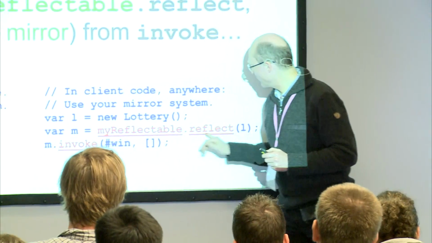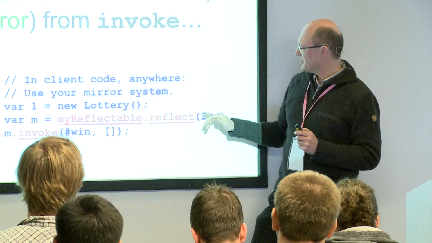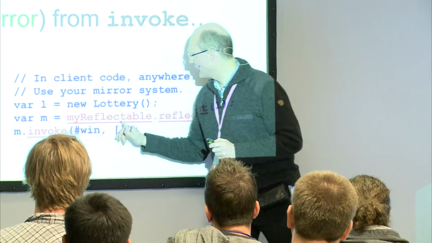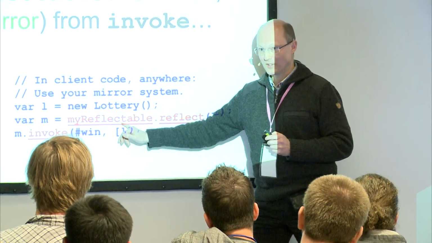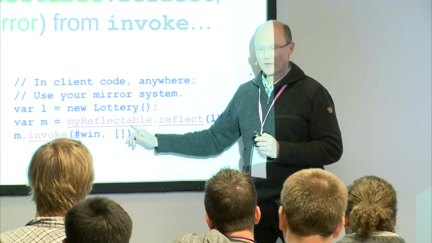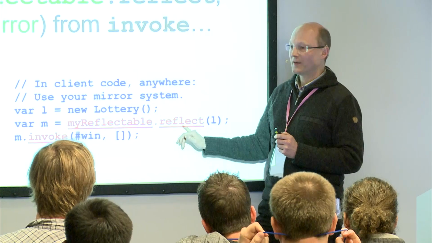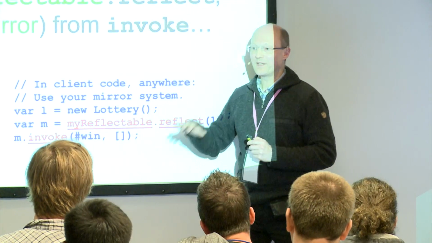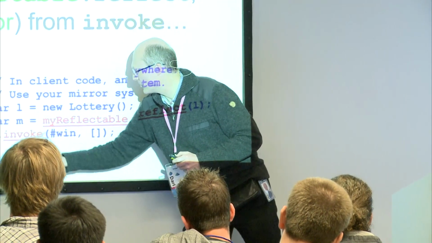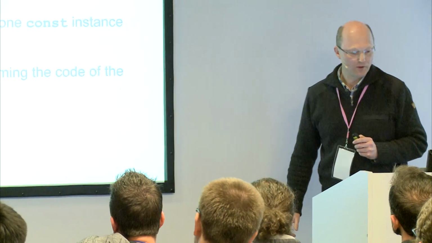So here we do that reflectively, and the only difference to what you've seen before is that we take the object and then we get a mirror for it, and we do that by asking the mirror system for its reflect operation, whereas the standard mirror system would tell you to use the reflect operation at top level. So basically you can only get that specific version. And then you invoke methods using that mirror. So that's how it looks when you're using it.